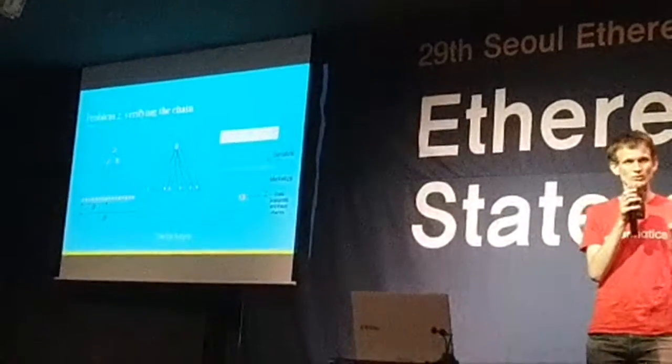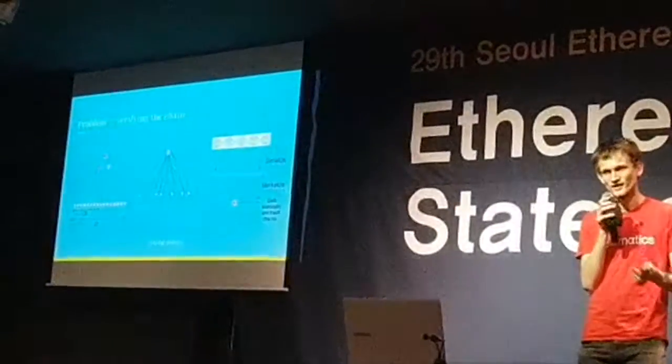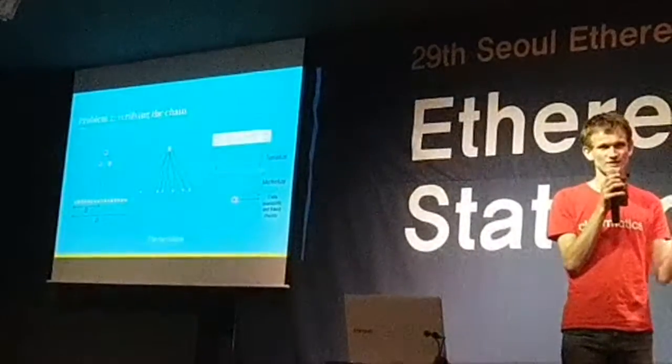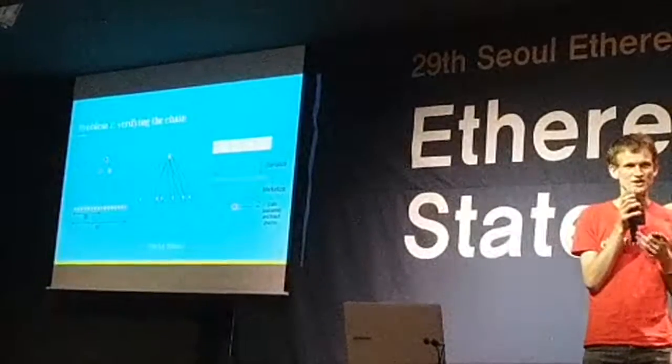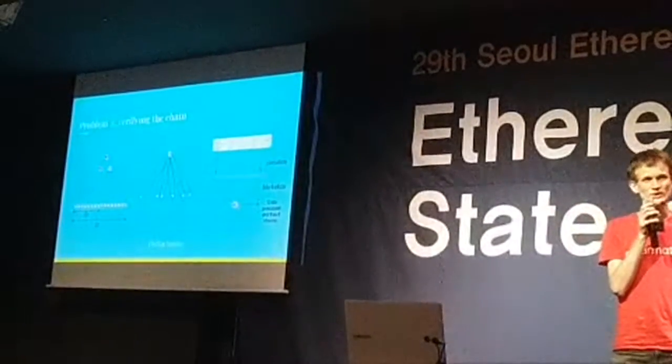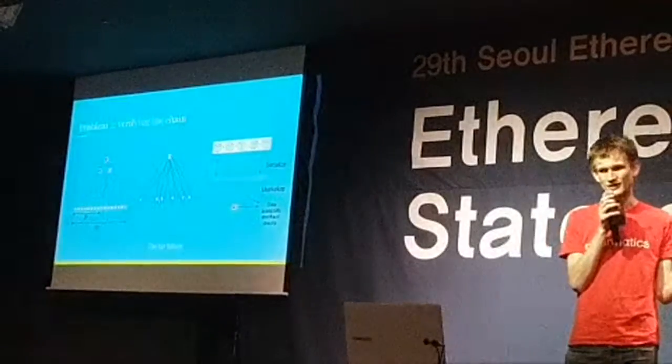And you can do this without actually downloading and checking all of the data yourself. So in the further future, with these kinds of protocols, we can potentially increase the security of a light client to be very close to the security that a full client has already.